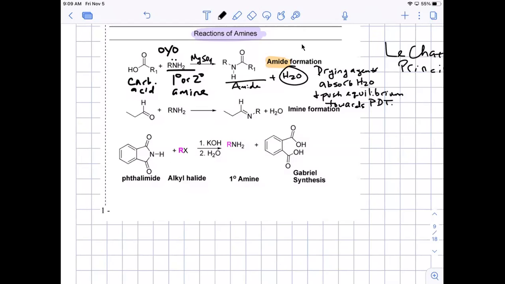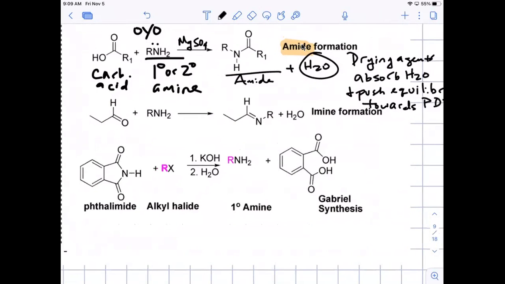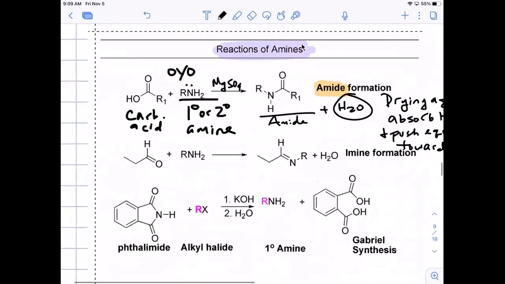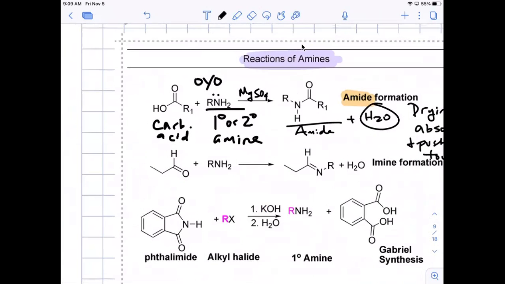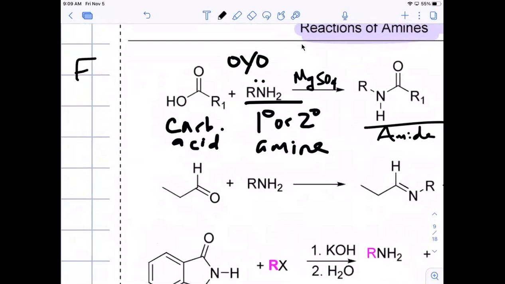So if you take again, carboxylic acid and a primary or secondary amine in the presence of some type of drying agent like mag sulfate, you're going to get an amide. And again, I want you to work through the mechanism for this because it follows the same or similar mechanism to ester formation.